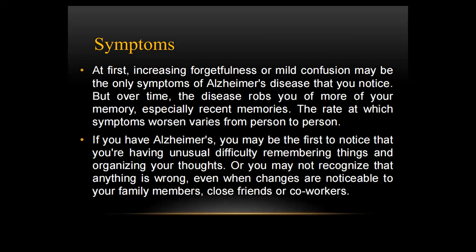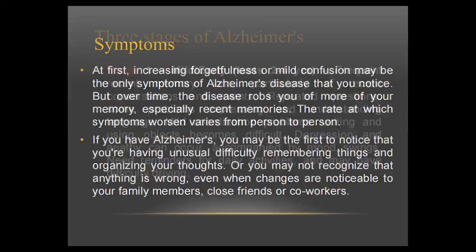Sometimes patients have difficulty remembering things and also organizing, and they may not recognize that anything is wrong, even when changes are noticeable to family members, close friends, or co-workers. So that is how it looks.